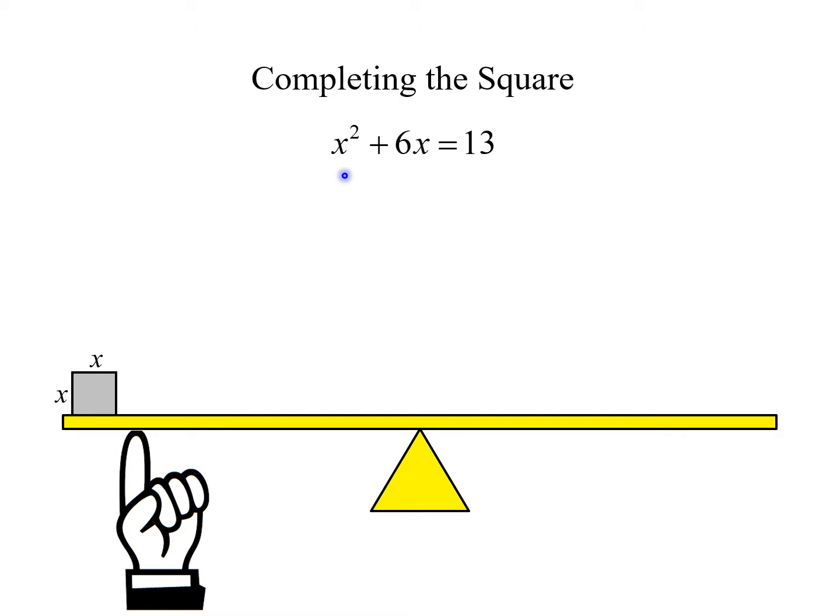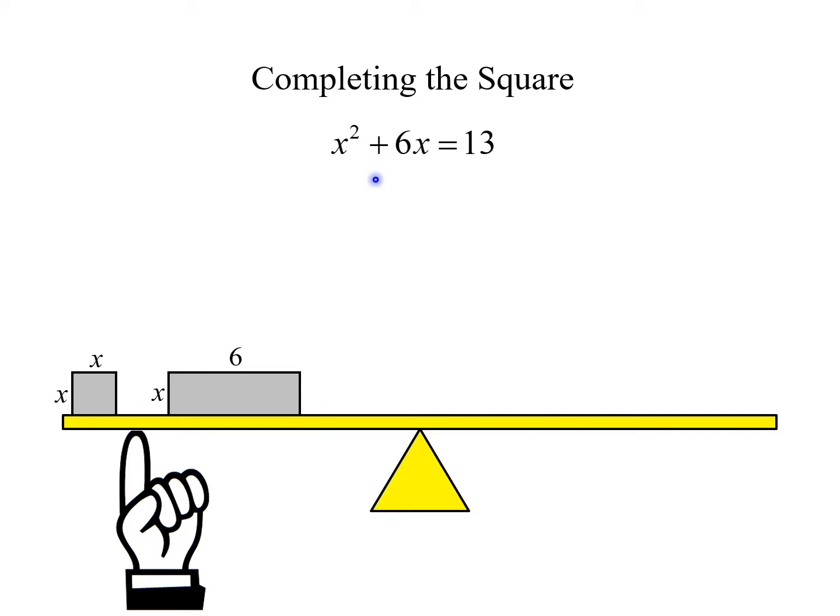On the left side of the scale, I'm also going to put a rectangle that has area 6x. Look, it has length 6 and width x. The area of a rectangle is length times width, so I have 6x.